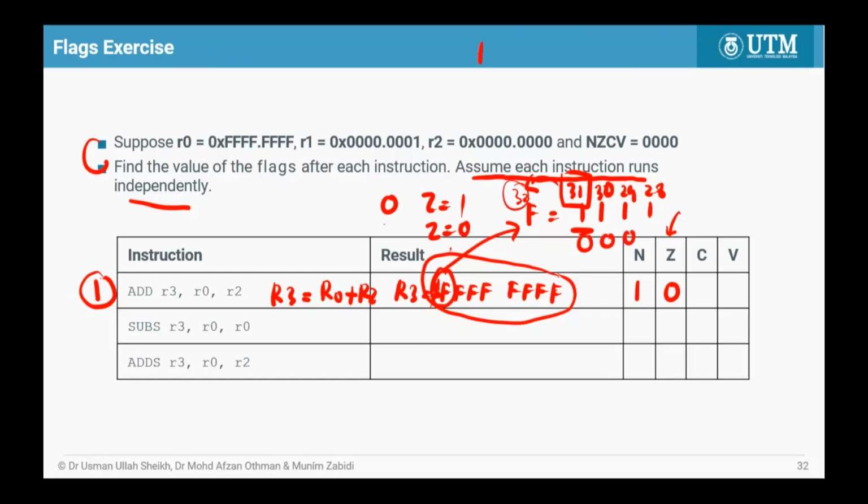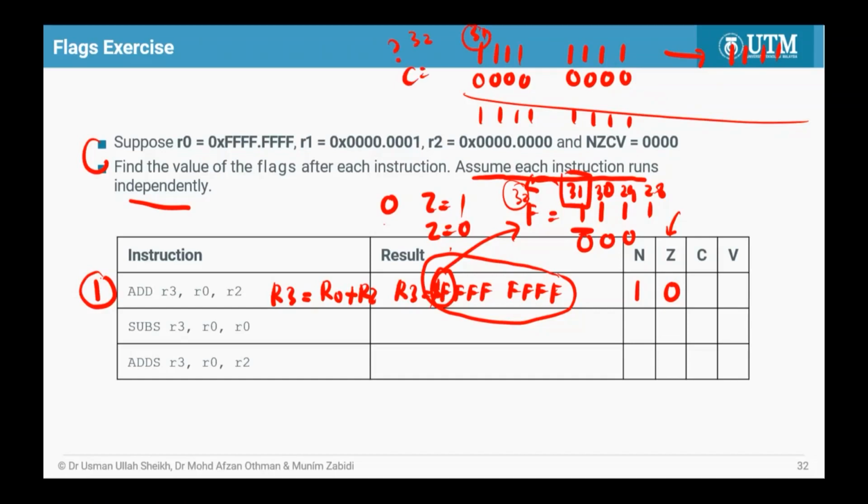You have 1, 1, 1, 1, 1, 1, 1, 1, and this goes until 32 bits, plus 0, 0, 0, 0, 0, 0, 0, 0, and after you add, you produce the same number. This is your bit 31. Is there any carry from bit 31 to bit 32? No carry, right? Because 1 plus 0, you still get 1. So no carry, so C equals 0.